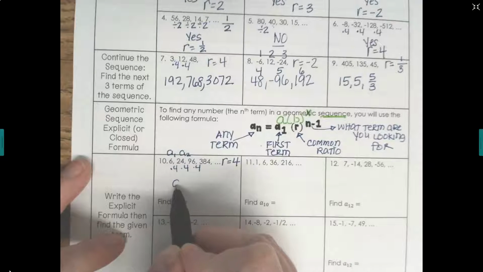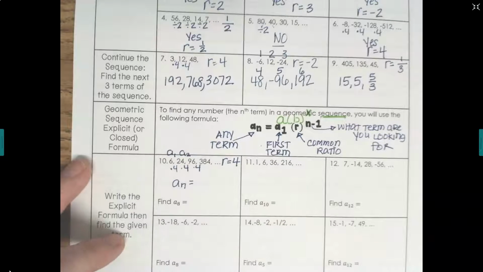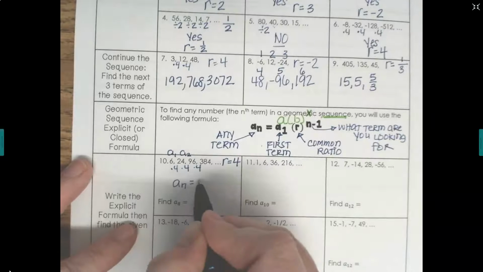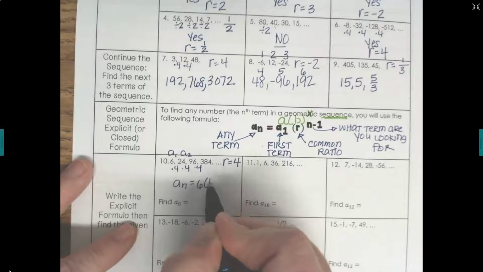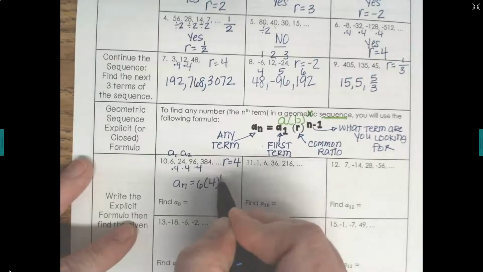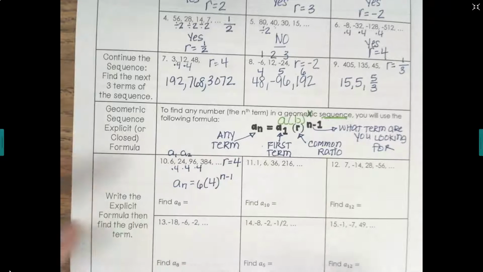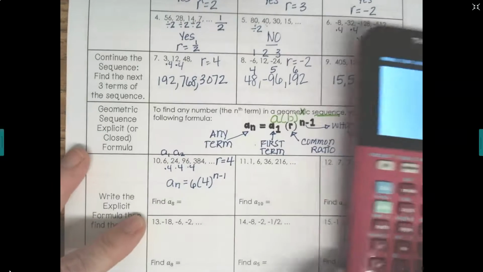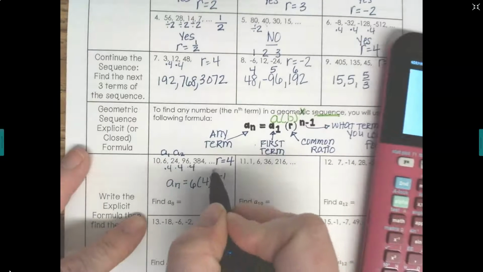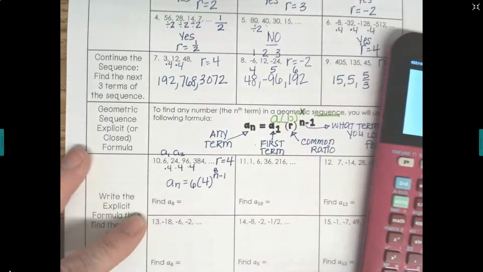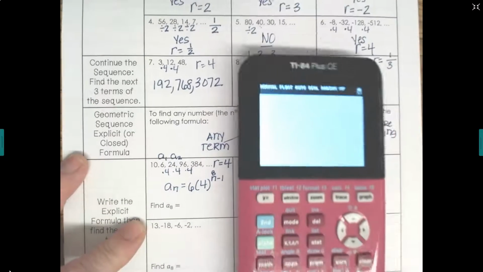So we're going to say to find any term in this sequence, we're going to take the first term and multiply it by 4, and its exponent will be whatever term we want minus 1. Okay, so if we want to find the 8th term, what you'll do is you'll plug in 8 right there and we'll calculate it.